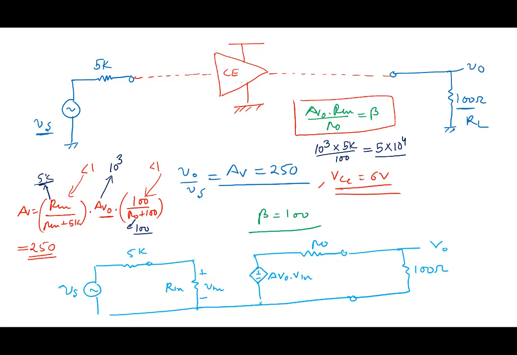Now you could try different values. Well, let me not use 5K. What do you want to use? 10K? 100K? You can try different combinations, and you will check that no matter what you do, you will not be able to do it with a single stage.